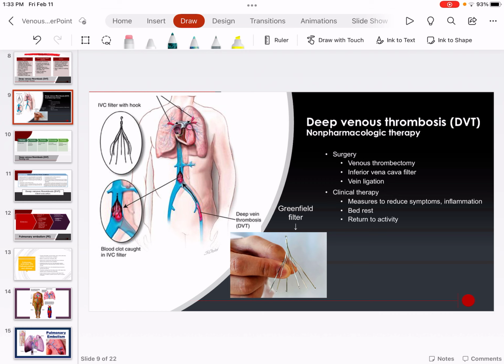Another surgical option would be something called an inferior vena cava filter, and this one specifically is a Greenfield filter. I'm going to circle it. It looks like an interesting little device, but that metal device is implanted in the patient in their inferior vena cava. The purpose of it is to catch blood clots to prevent them from moving to other areas of the body, like the lungs or the brain.